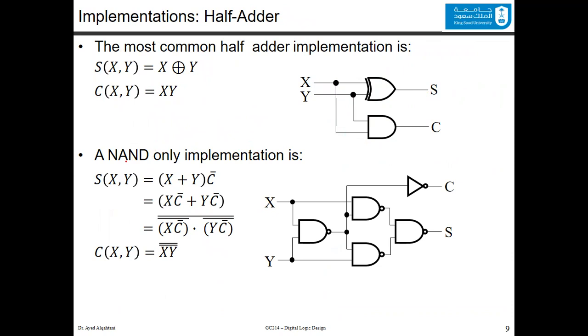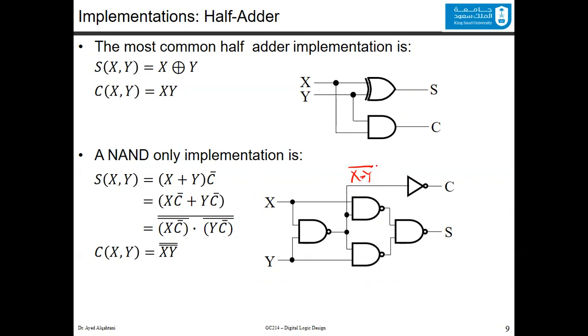If you want to use a NAND-only implementation of this function, we use the NAND implementation of the XOR that we studied before, this implementation here. We notice that if you take the output after this NAND, the result is X NAND 1, which is X bar. This is the result here.